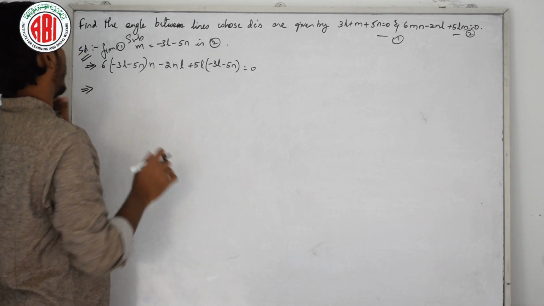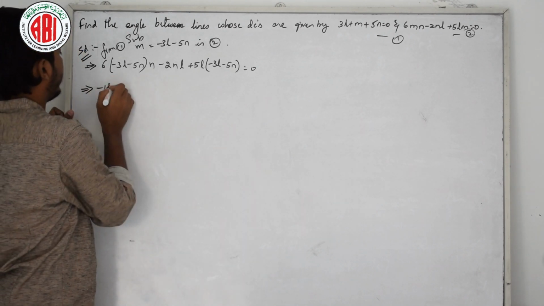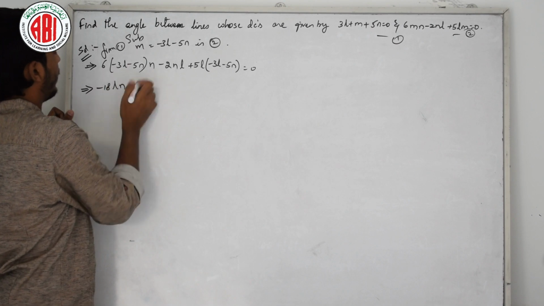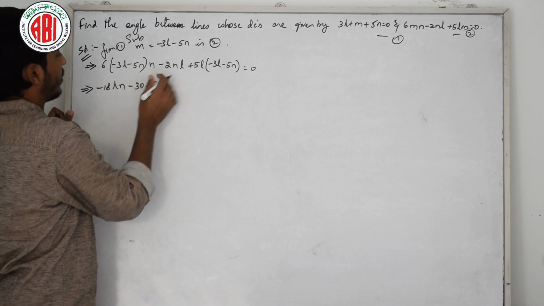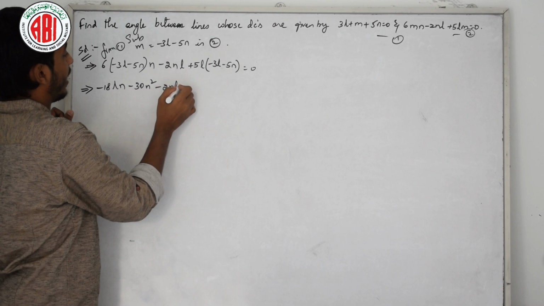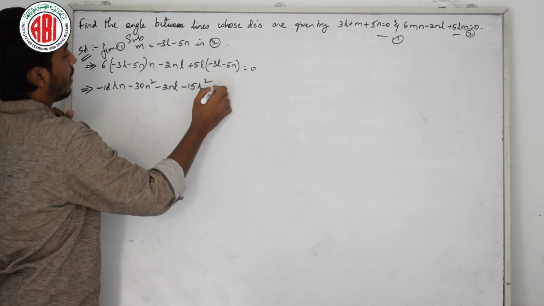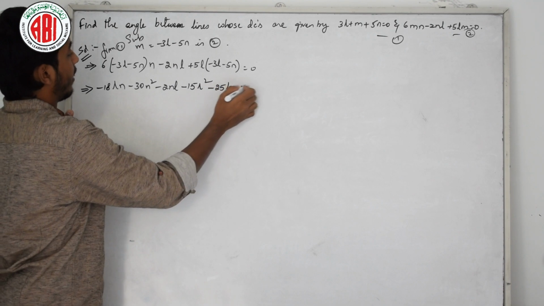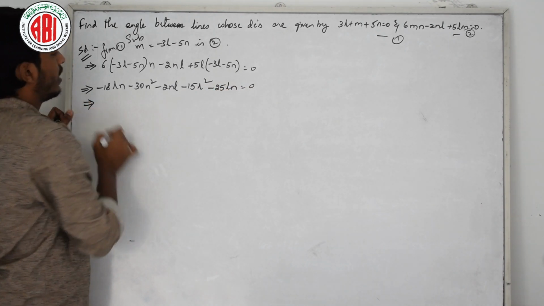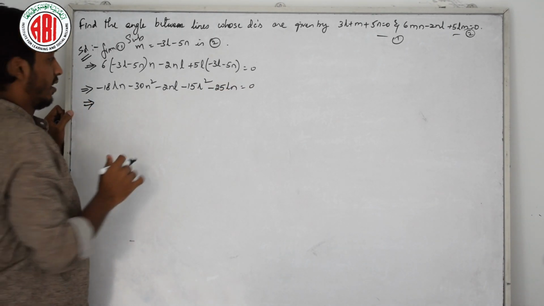Now let us multiply. Minus 18ln minus 30n square minus 2nl, here minus 15l square minus 25ln. Is it right? Now let us write everything in an order.